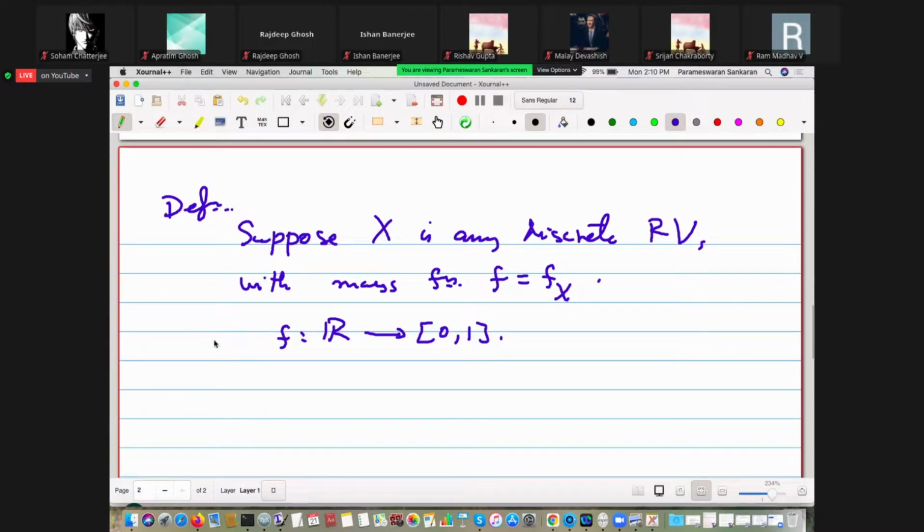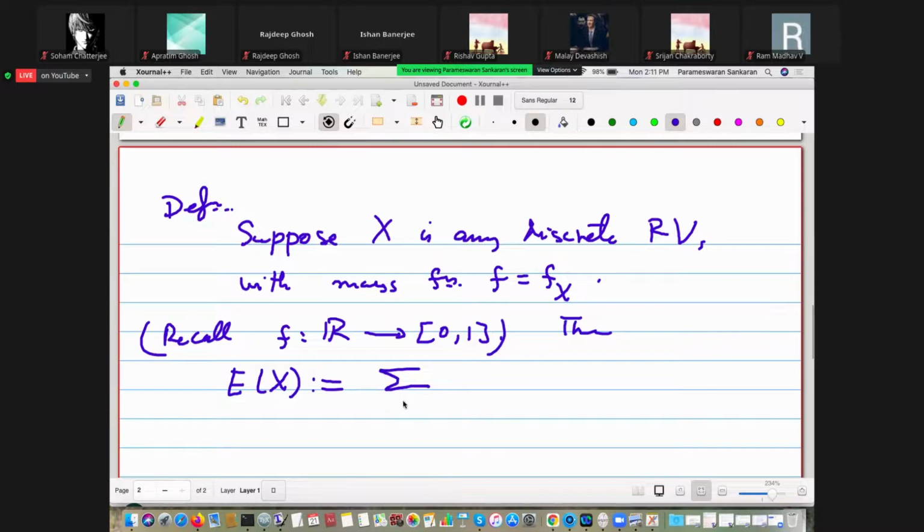So this is, recall, what is the expectation of X defined as? Expectation of X is defined as, so this is the definition, a summation.